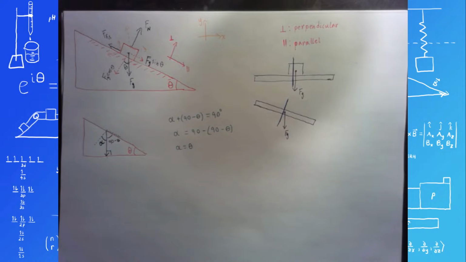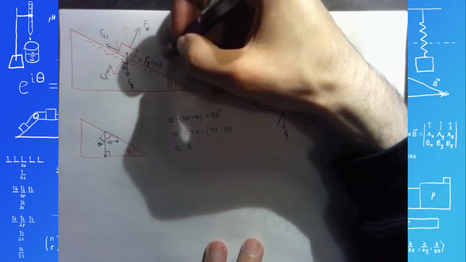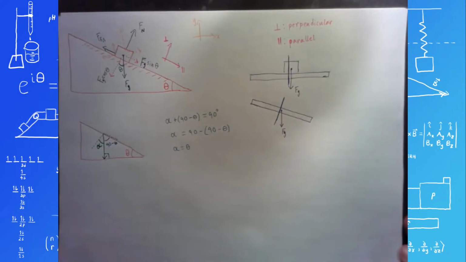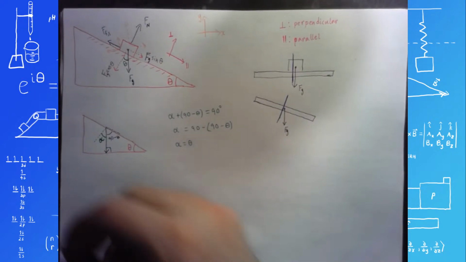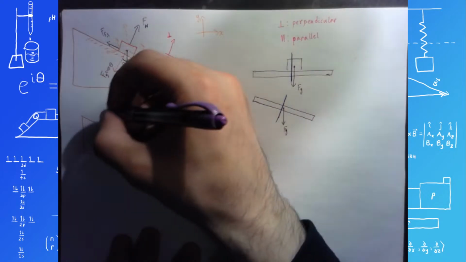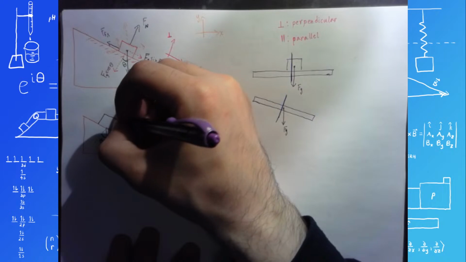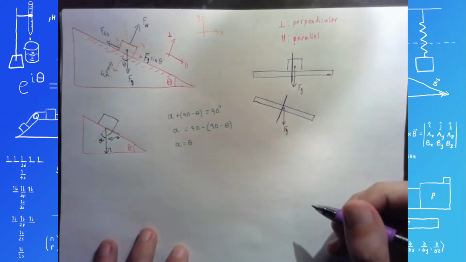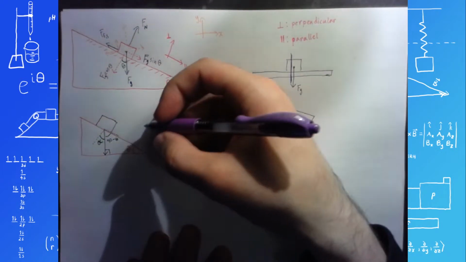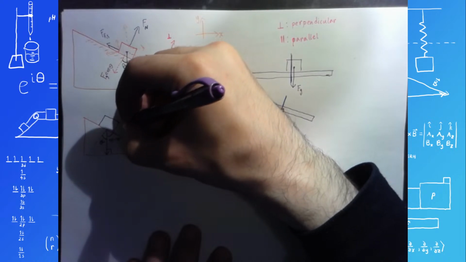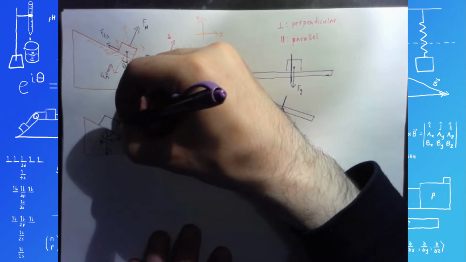The only other twist that you might occasionally encounter with inclined plane problems is additional forces that are not necessarily on this parallel or perpendicular axis. I have a problem, for example, where, I guess I'll draw it over here. I have a problem in one of my books where they give you this and then they say somebody applies a force parallel to the ground like this.